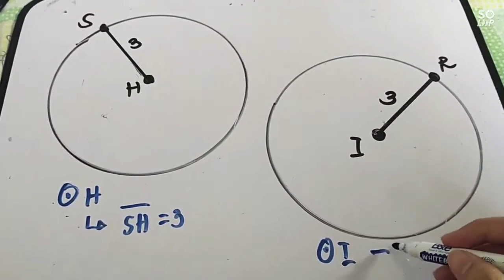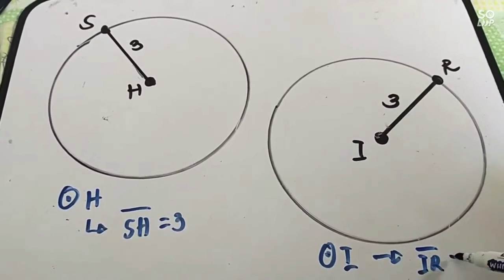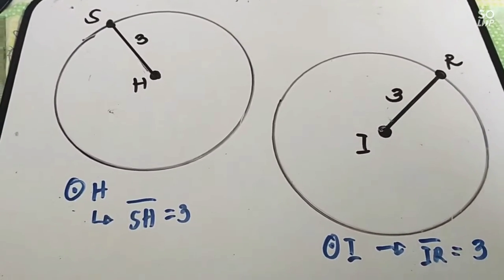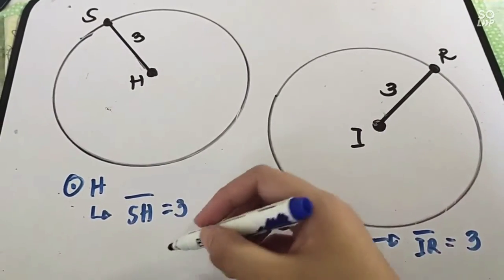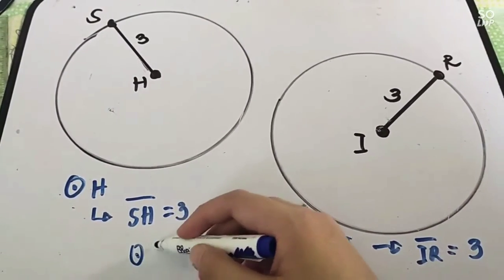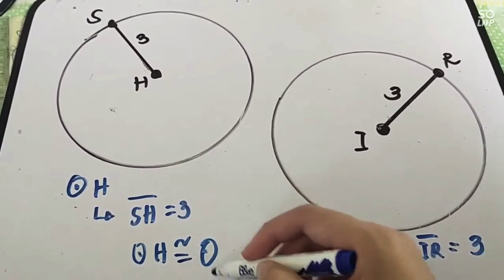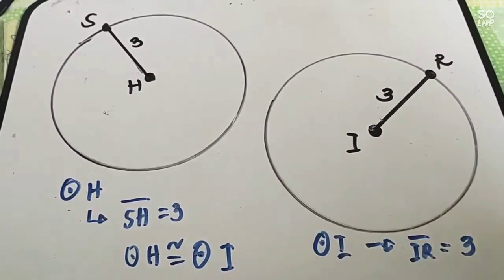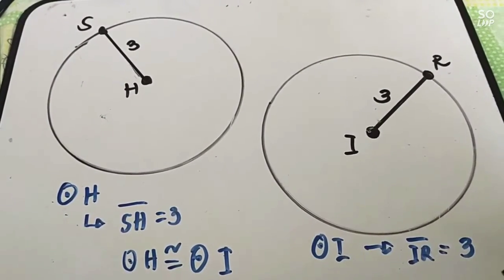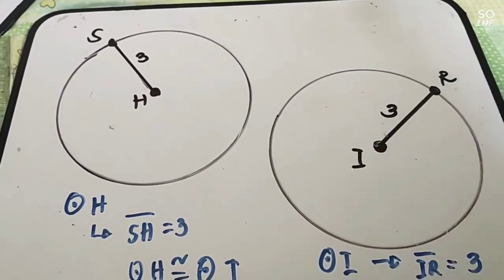And then here, we have a radius of line segment IR, which is also equal to 3. Since they are both equal to 3, therefore, circle H is congruent to circle I. Ayan. So, that is what you call congruent circles. The radii of both circles are just the same.